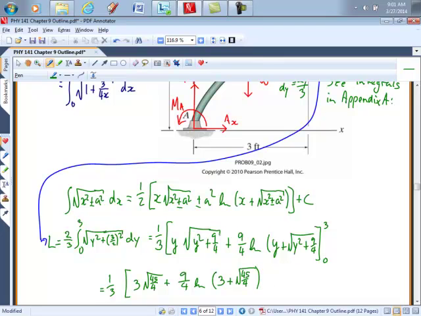And then we're going to subtract the value of this at 0. When y equals 0, the first term disappears, but the second term doesn't. So it'd be 9 over 4 ln, and that's just going to be root 9 over 4, which is 3 over 2.